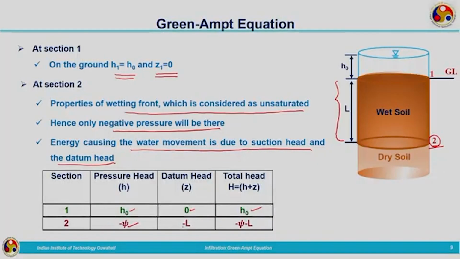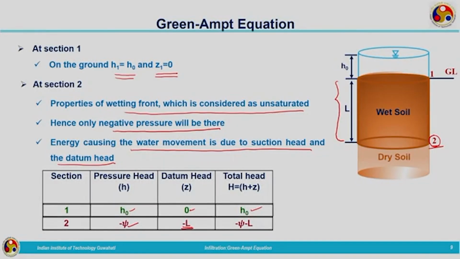That is what is tabulated here. Datum head is negative L, Z2 is equal to minus L, and the pressure head is minus psi, representing the negative pressure. While deriving the expression itself, we consider the negative sign. So the total head will be minus psi minus L.